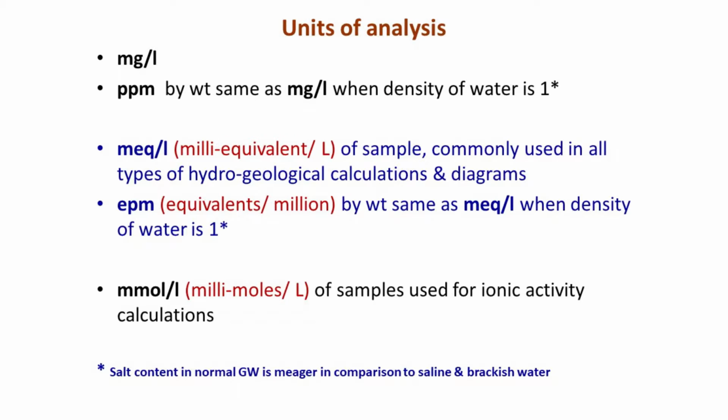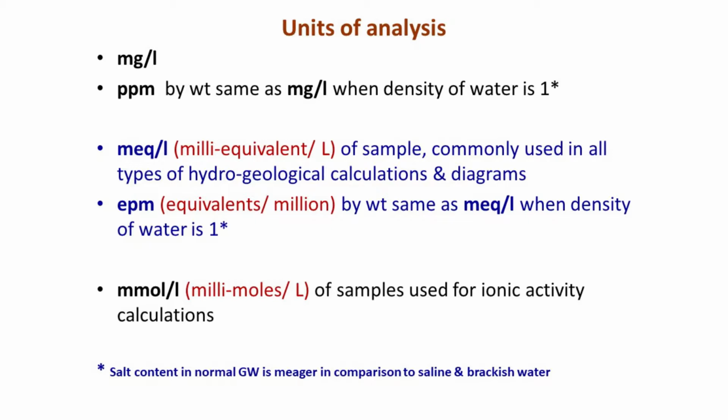So, the milligram per liter, what does it indicate? What we mean by milligram per liter? So, it is equivalent to ppm by weight, that is, the parts per million by weight is same as milligram per liter when density of water is 1.